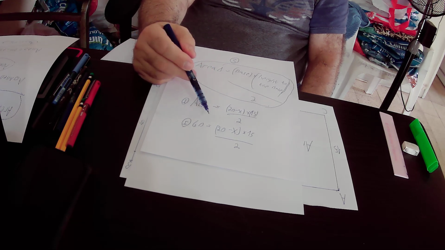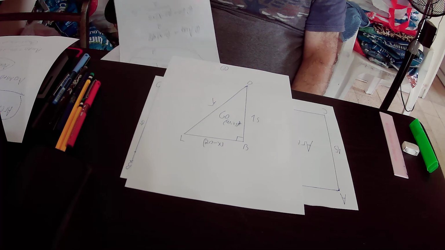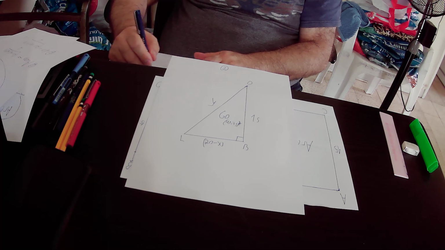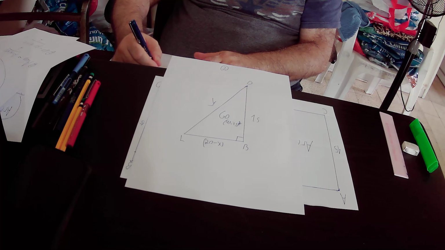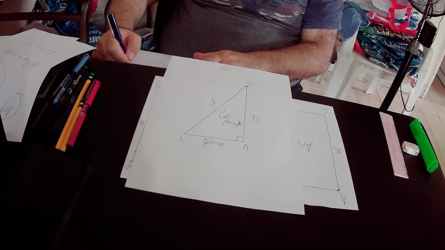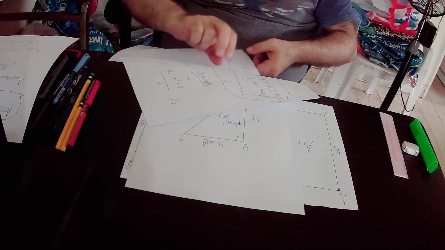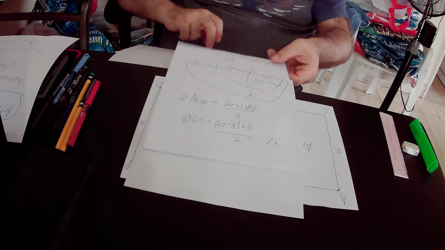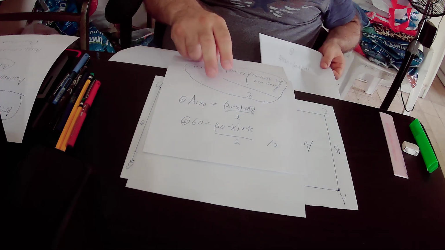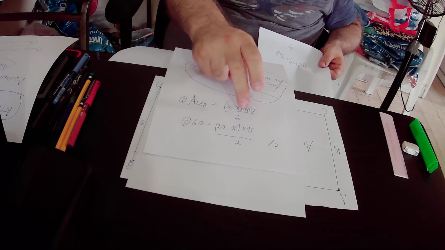We will multiply equation number 1 by 2. So we multiply this equation by 2. 60 times 2 equals 120, and 20 minus x times 15 times 2 divided by 2 equals 20 minus x times 15.